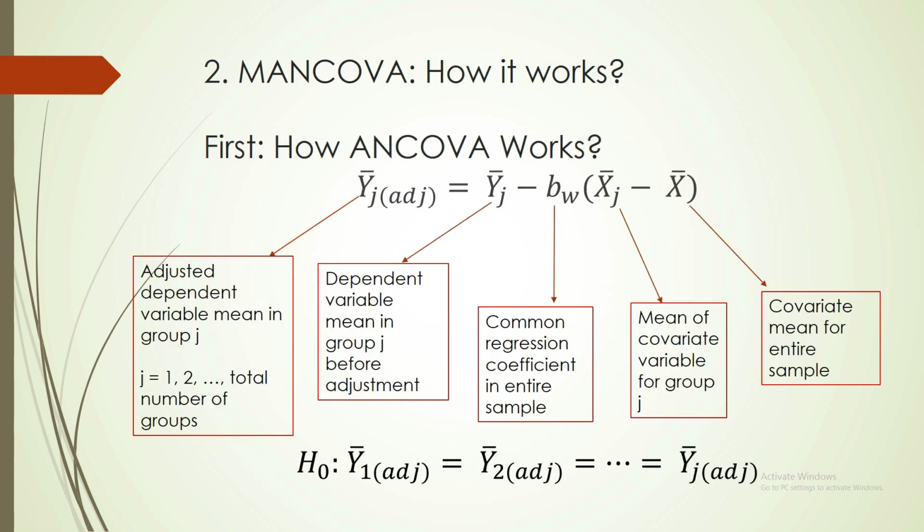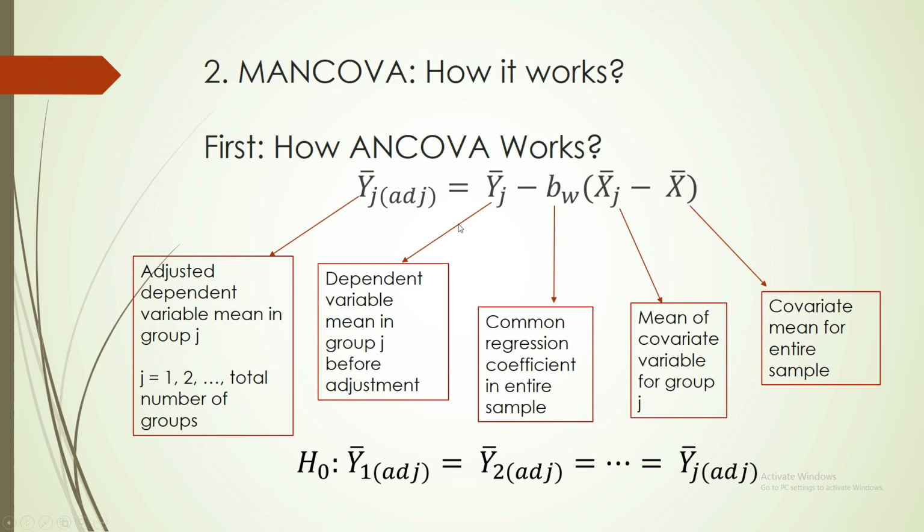So to look at ANCOVA mathematically, it can be represented by this equation right here. This variable right here, this mean, I should say, is the adjusted dependent variable mean for group J, and there can be as many groups as the group variable states.